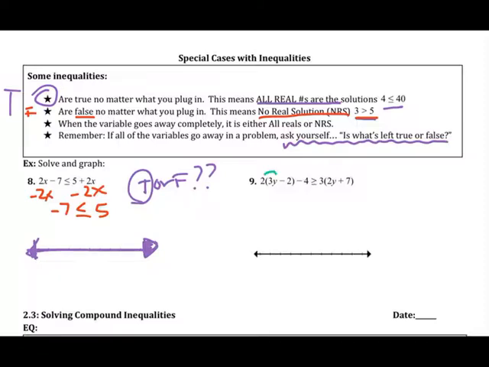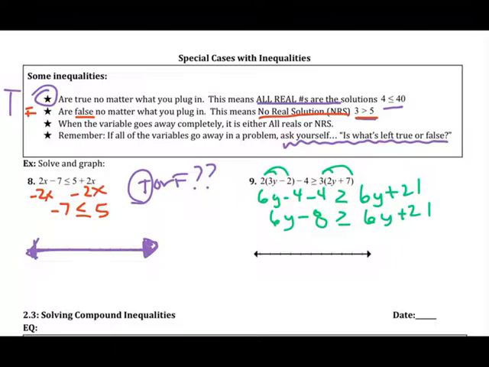Similarly, on number 9, if I distribute, I get 6y minus 4 is greater than or equal to 6y plus 21. If I combine like terms here, I'm going to get negative 8: 6y minus 8 greater than or equal to 6y plus 21. If I subtract 6y on both sides, I'm going to get negative 8 is greater than or equal to positive 21.